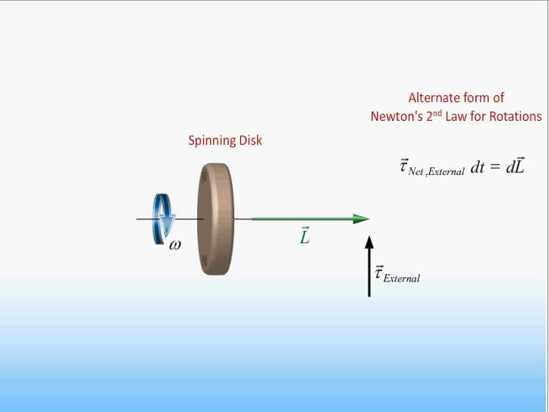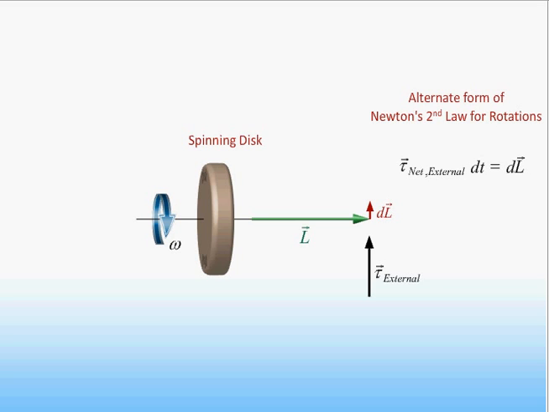Namely, the direction in which the angular momentum changes is the same as the direction of the applied torque. Here we see the vectors representing the angular momentum of the disk about its axis and the external torque. The vector representing the change in the angular momentum must be parallel to the net external torque vector.